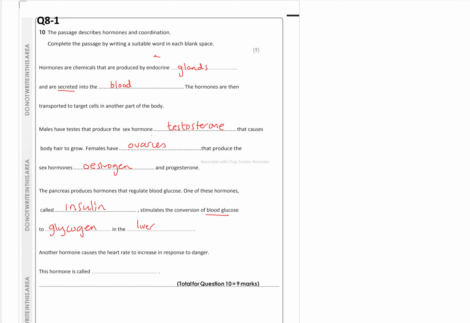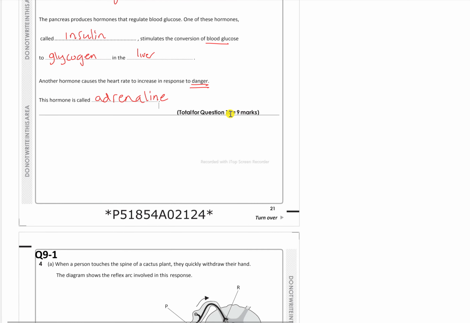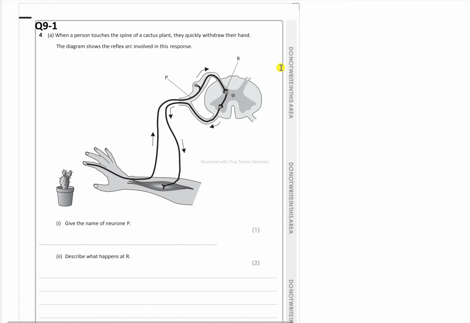Another hormone causes heart rate to increase in response to danger. This is called adrenaline. Right, okay.